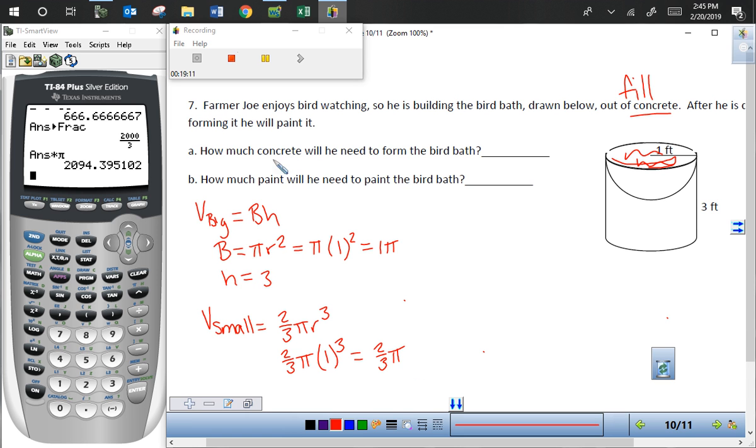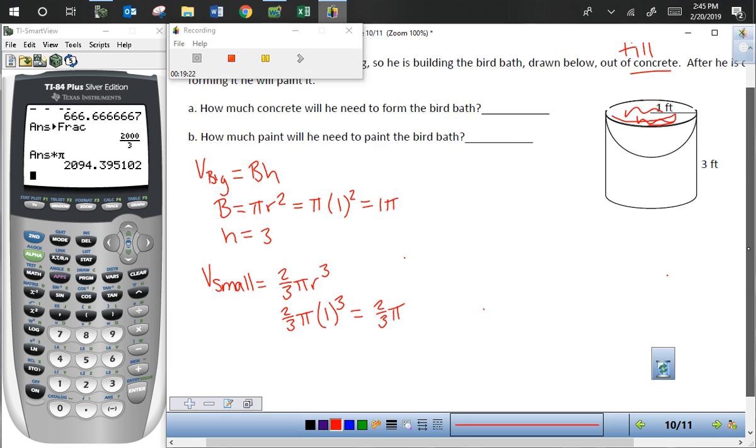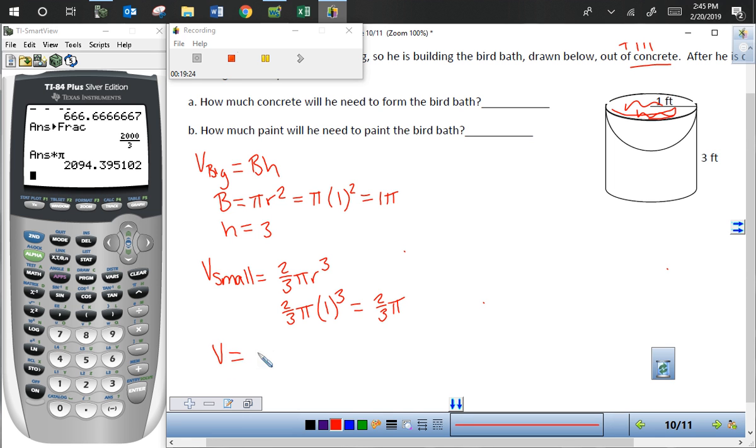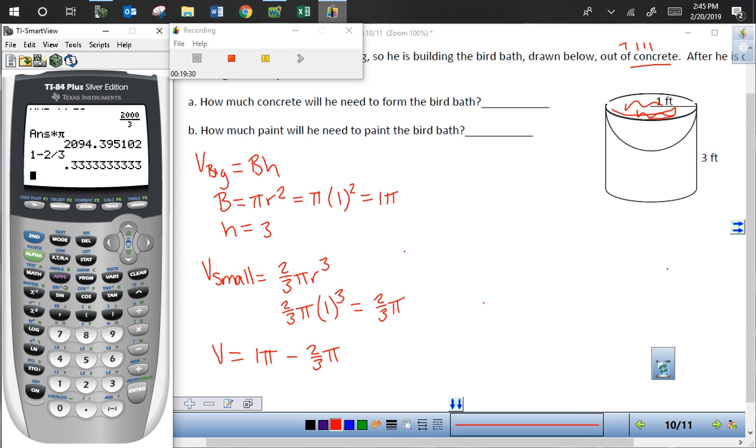So then how much concrete is needed to form the bird bath? We just have to take 1 pi minus 2/3 pi. So we'll subtract them. So 1 pi minus 2/3 pi. So 1 minus 2/3.